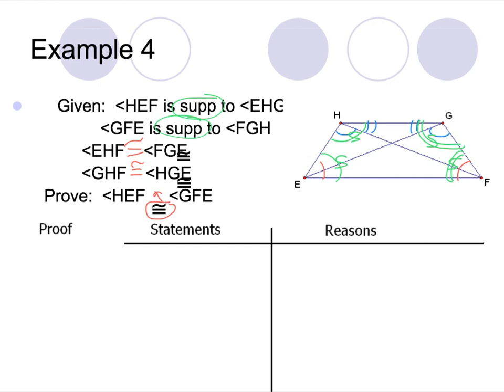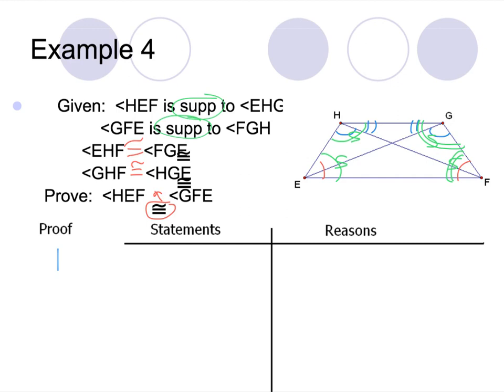Well, these two angles are supplementary to these two angles, this angle here and this angle here. So if in theory I was able to prove that these two angles were congruent, I could say that sups of congruent angles are congruent. Well, is there a way that I can get these two angles here to be congruent? I sure think so.